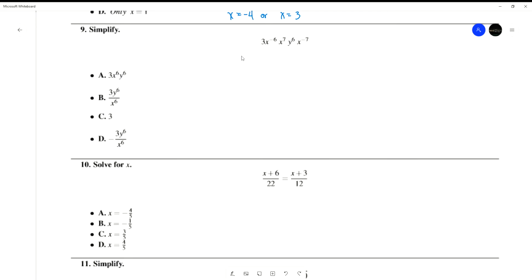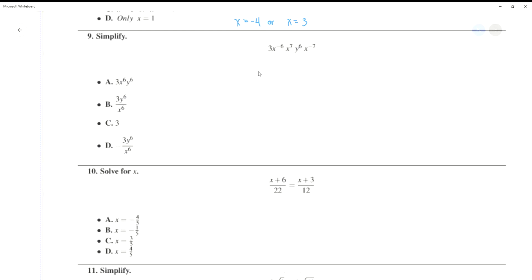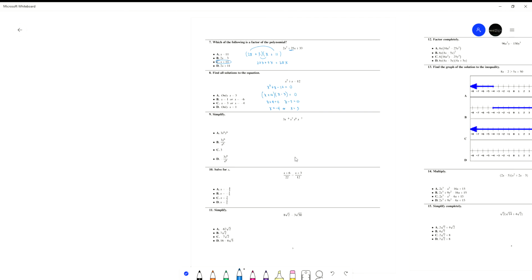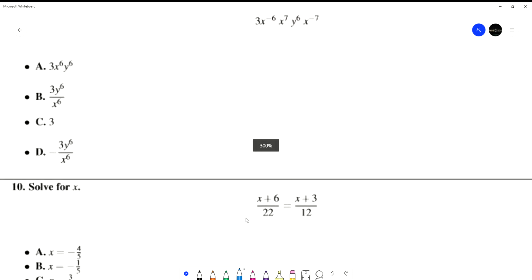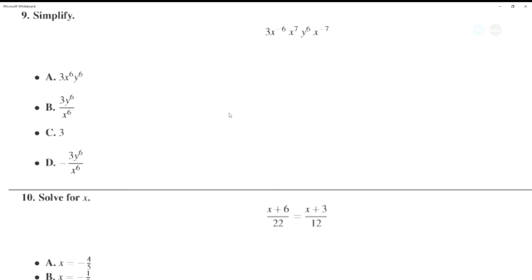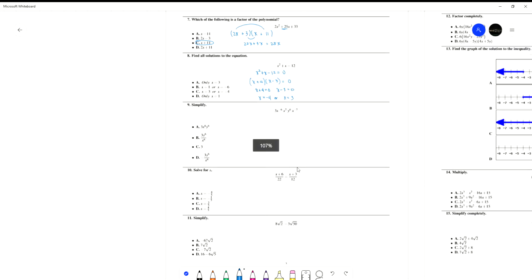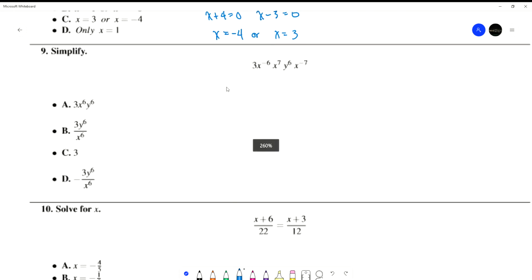So that means I have x to the negative 6 plus 7 plus negative 7, right? So that gives me x to the negative 6.